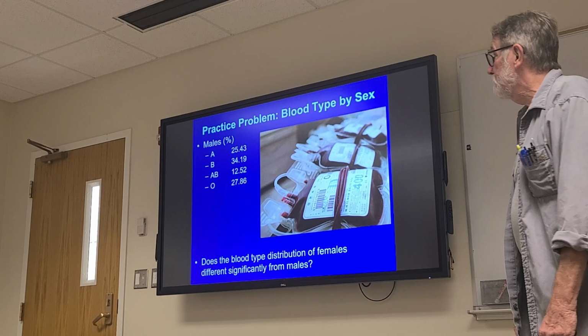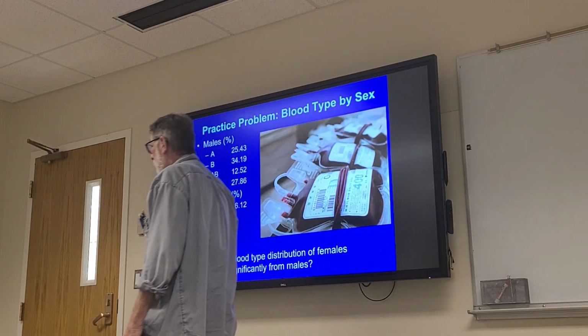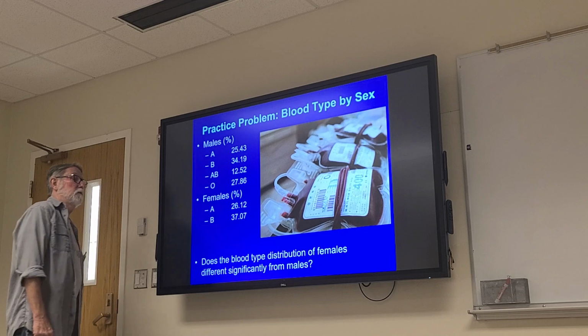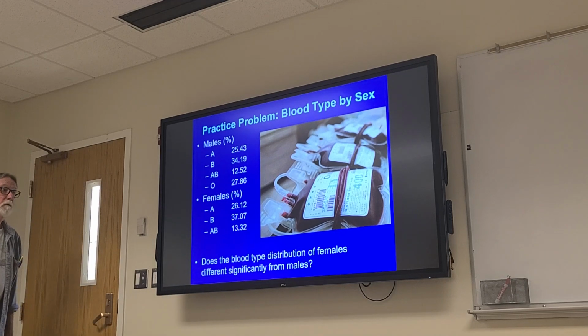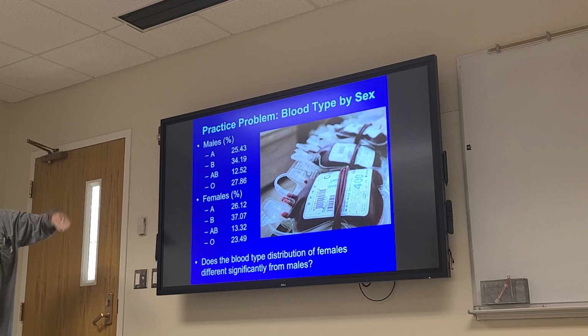Females, 26.2% A, 37.0% B, AB 13.32%, and O 23.49%. These are percentages in the United States regardless of ethnicity. So that's what they're at here.